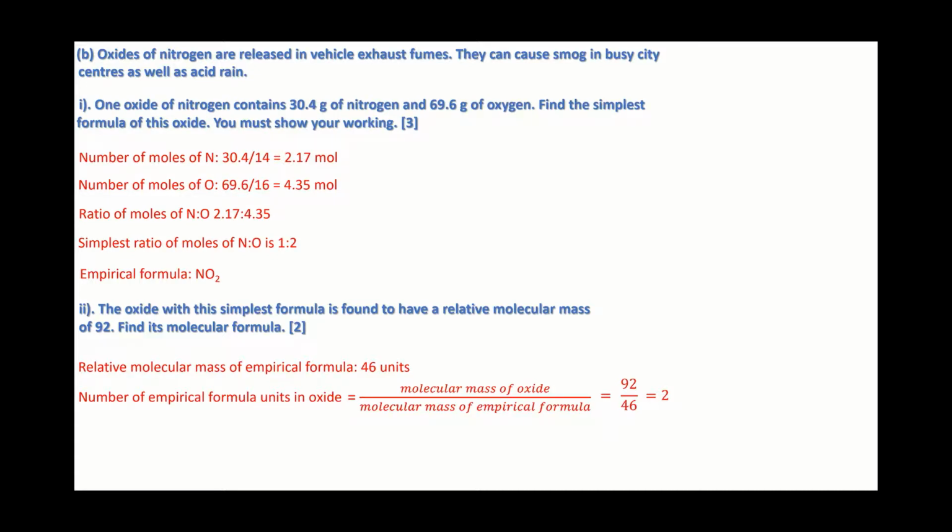And so the molecular formula of your oxide is simply going to be double that of the original empirical formula that you had, and this is therefore going to give you N2O4 as your molecular formula of your oxide.